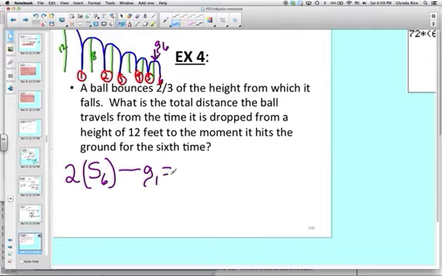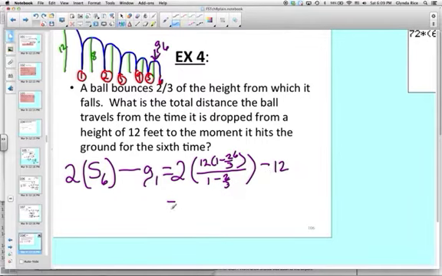So let's use this general formula and let's put everything inside. I'm going to replace S sub 6 with the formula for it. So the first term, which was 12, times 1 minus 2/3 to the 6th power over 1 minus 2/3, minus the first term, which is 12.